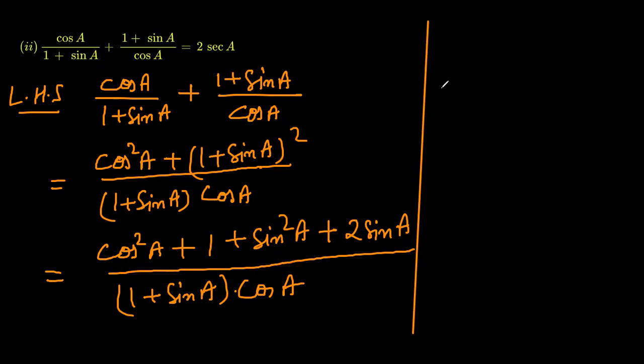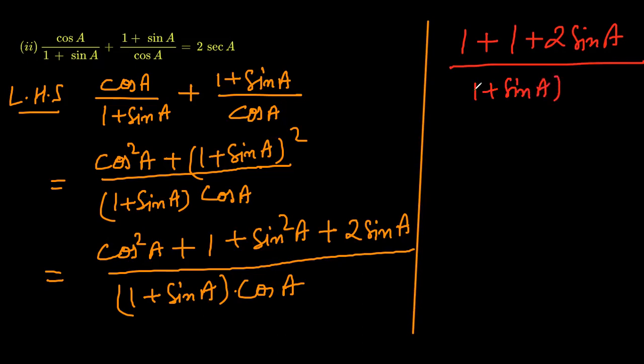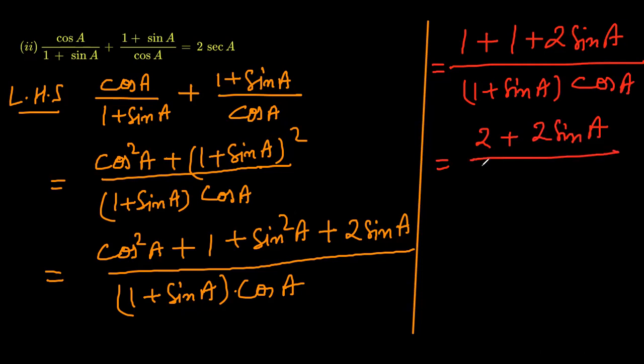So we can write 1 plus 1 plus 2 sine A divided by 1 plus sine A and cos A. Obviously 1 plus 1 would be 2, so we get 2 plus 2 sine A divided by 1 plus sine A multiplied with cos A.